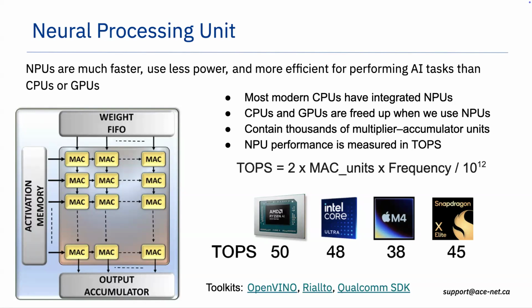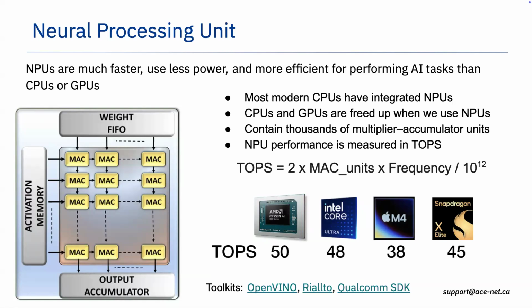Neural processing units, or NPUs, are special purpose processors designed to accelerate and efficiently handle the computations required to process neural networks. Matrix multiplication is the fundamental operation in neural networks and other AI applications.